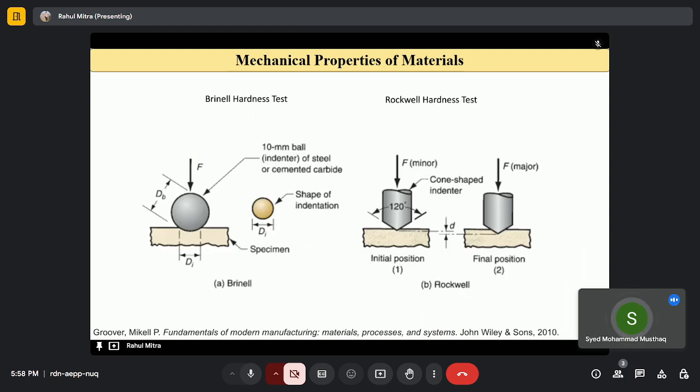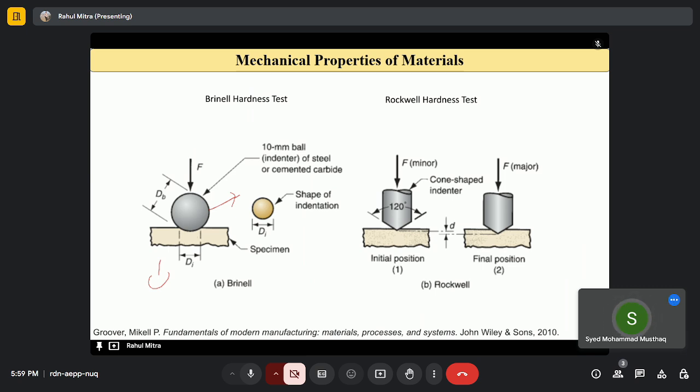The Brinell hardness test is widely used for testing metals and non-metals of low to medium hardness. It is named after the Swedish engineer Brinell. In this Brinell hardness test, first we have a material, and then we have a spherical indenter.